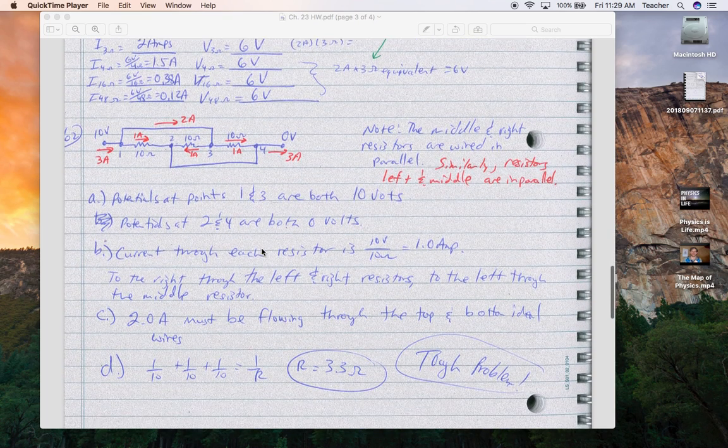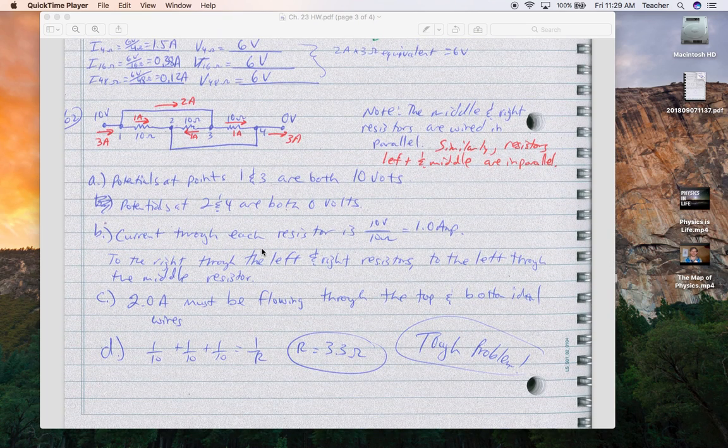(62) We talked about a lot in class. It was very sneaky. This point is at 10 volts, this point is at 0 volts, and this point is at 10 volts, and that point is at 0 volts. And we drew on the board the 3 paths the electricity could flow.